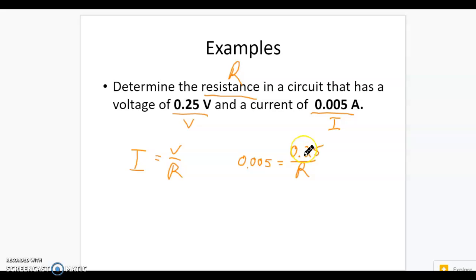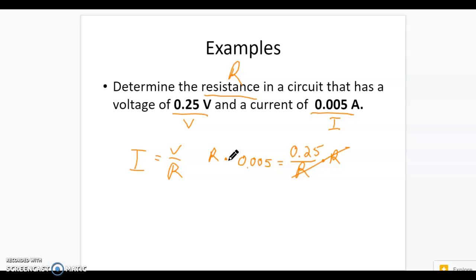So here's my setup. Be very careful about how you solve this. It's just like stuff that we saw at the beginning of the year. When we are solving for this R on the bottom, it's not multiply these things together. You have to undo stuff on this side to get R by itself. And we do that by multiplying by R because it's being divided by R. So it's not being divided by 0.25, it's being divided by R. Multiply by R on both sides.